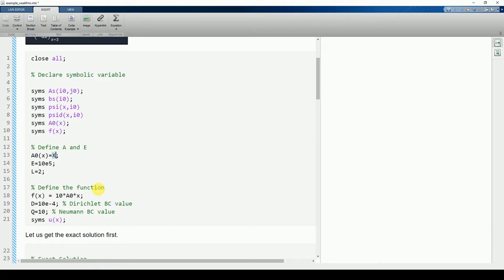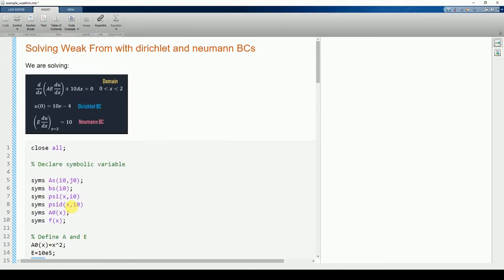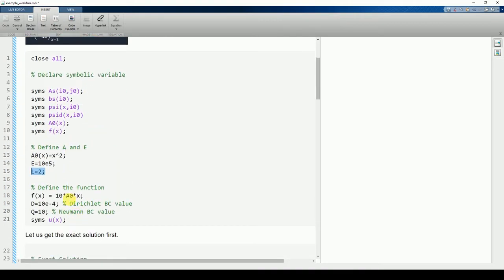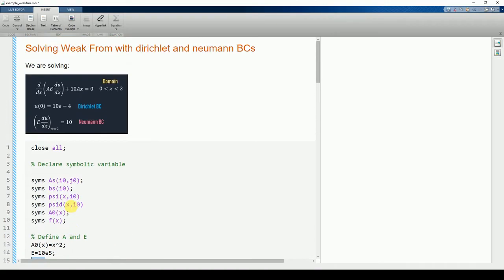So let us choose A as something like x squared. E is the modulus of elasticity, which is 10 to the power 5, and the length of the bar is 2. Now the function that we have defined is f(x) equals 10 times A naught times x.